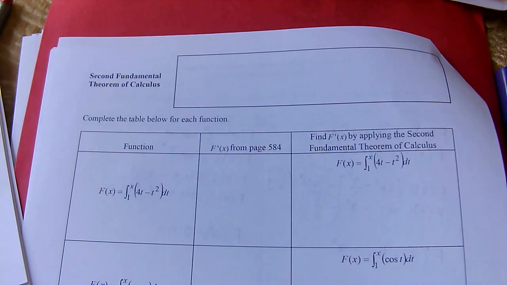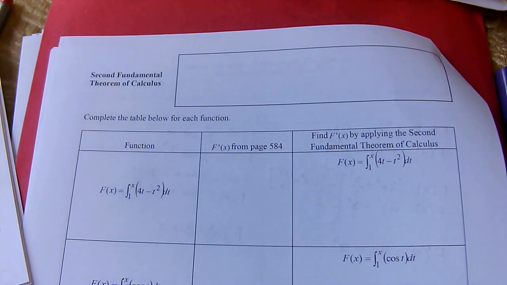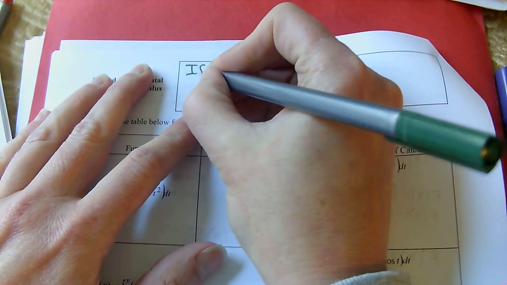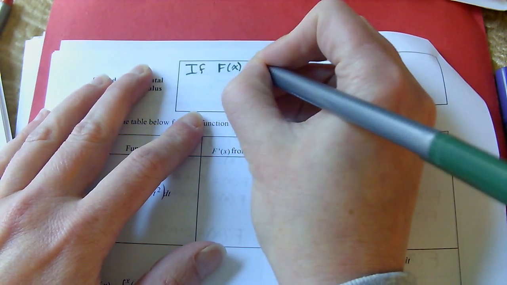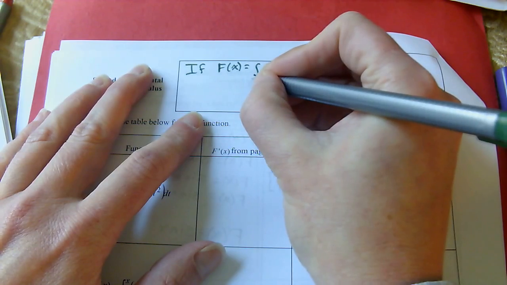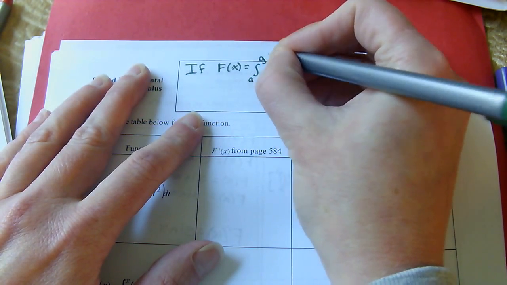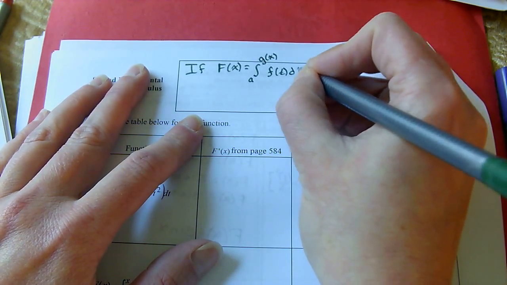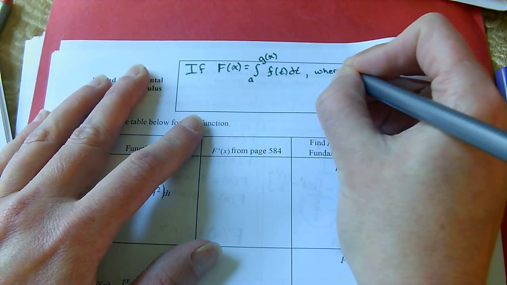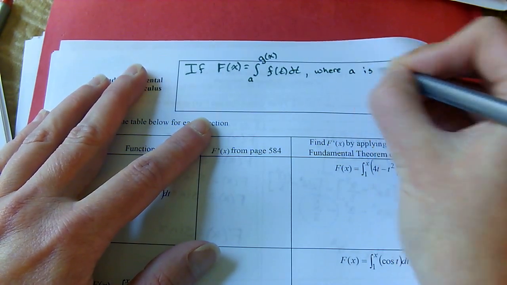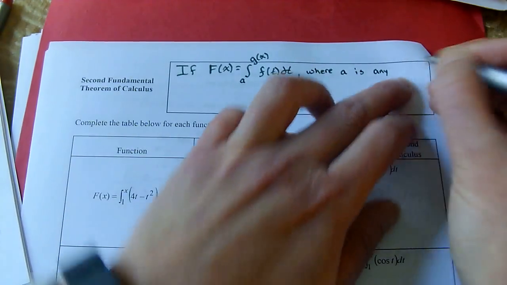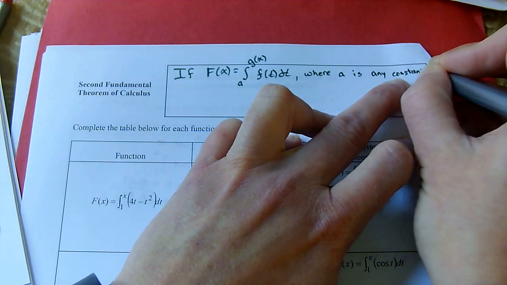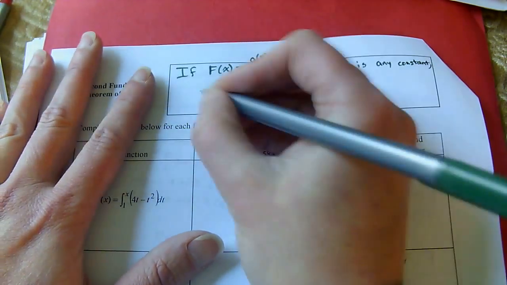This theorem states, if capital F of x is defined as the integral going from some number to some function of x of f of t dt, where a is any constant, then the second fundamental theorem says there's a shortcut.